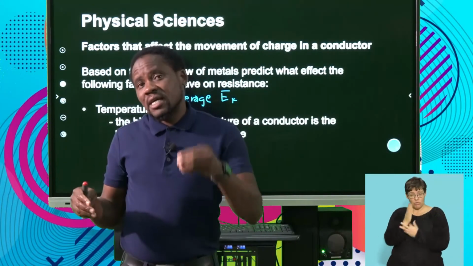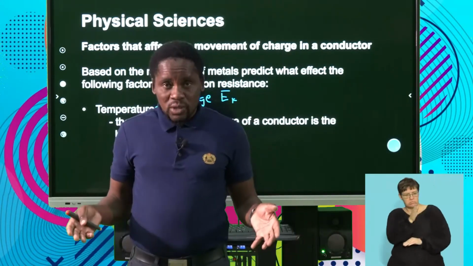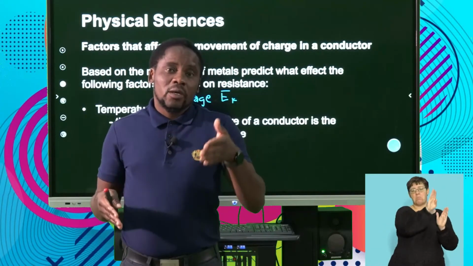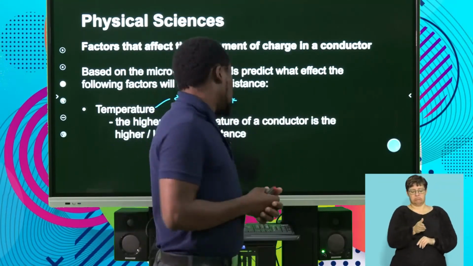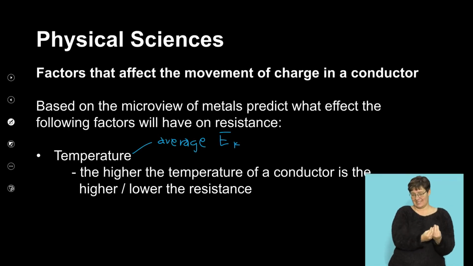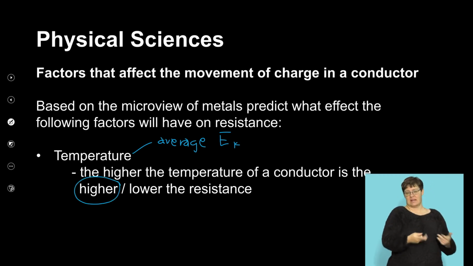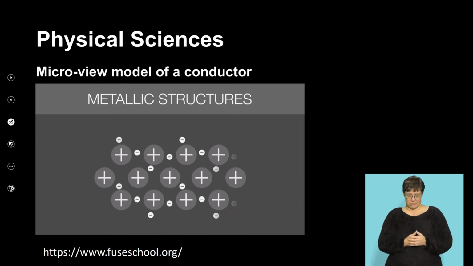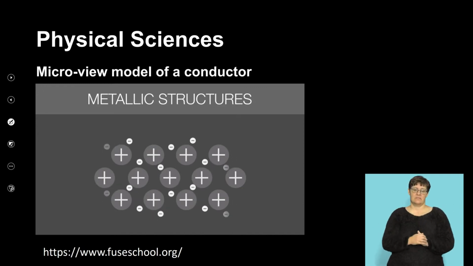So at a lower temperature, the opposite is true. At high temperature, there is greater resistance compared to a lower temperature. So we can say that at a higher temperature of a conductor, there is higher resistance to the flow of charge. If these particles are moving more randomly, there will be greater opposition experienced.